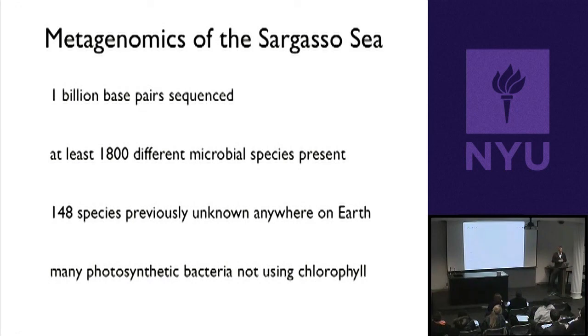In this sample from the Sargasso Sea, 782 new examples of a bacteriorhodopsin were found. Different examples, okay? So that just shows you how quick discovery can happen, right?